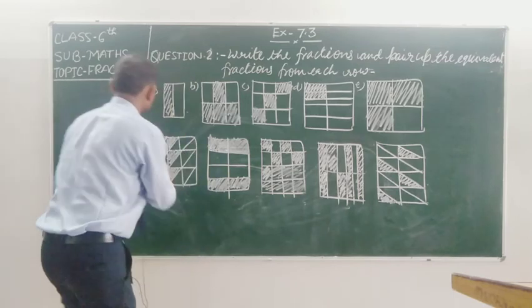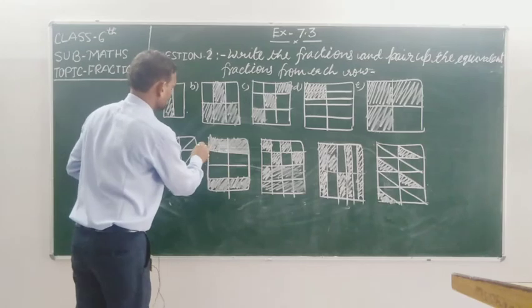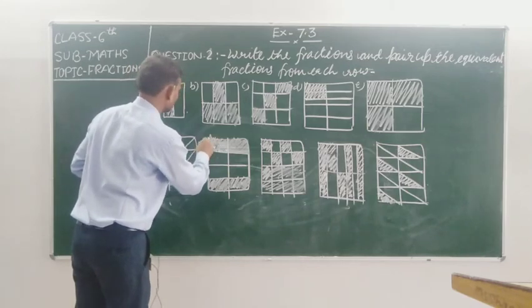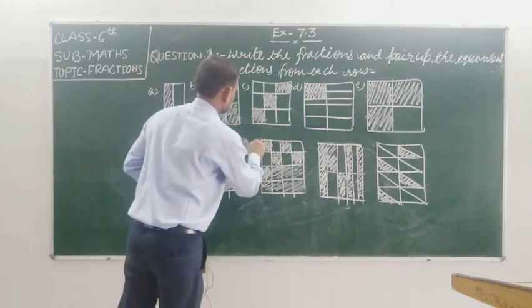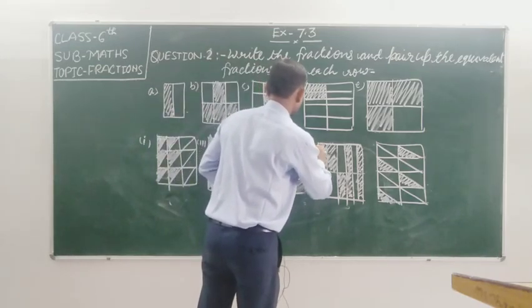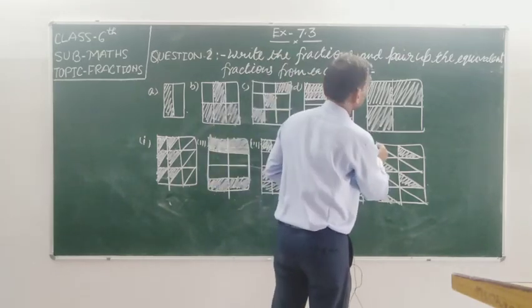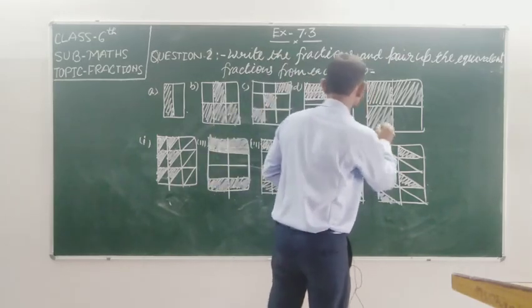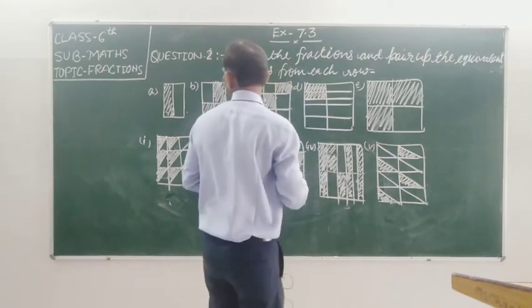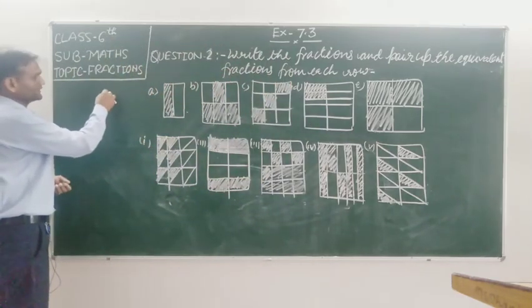We need to write the fraction for each part which is shaded in the figure. Then, in last, we can pair up the equivalent fractions. So, student, I'm writing here, I'm making the pair here.